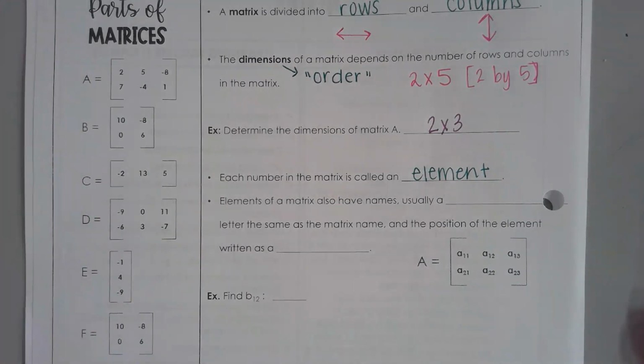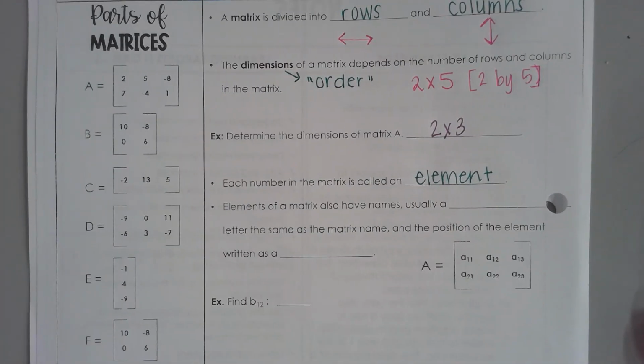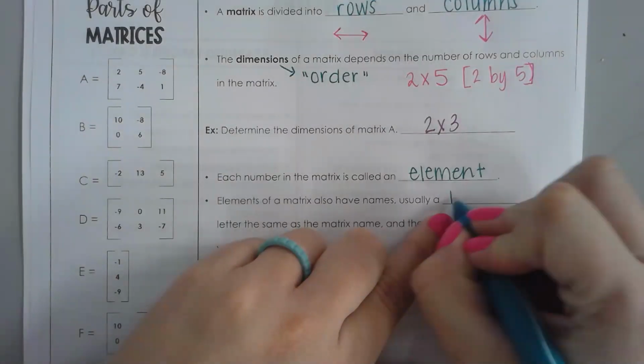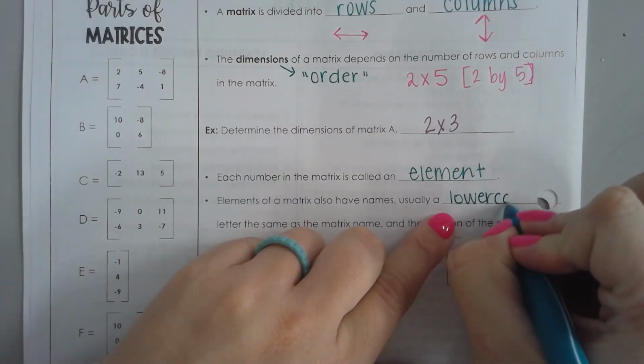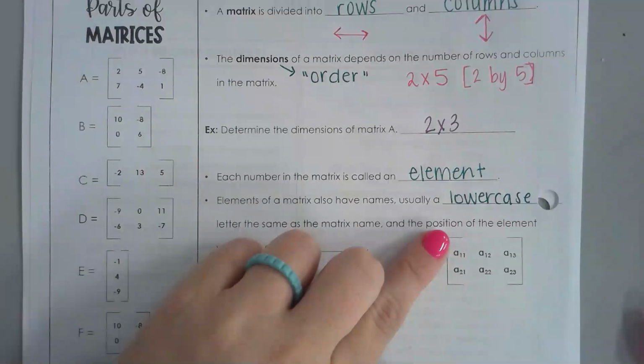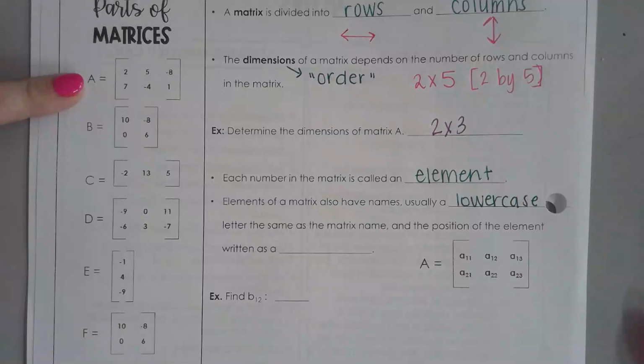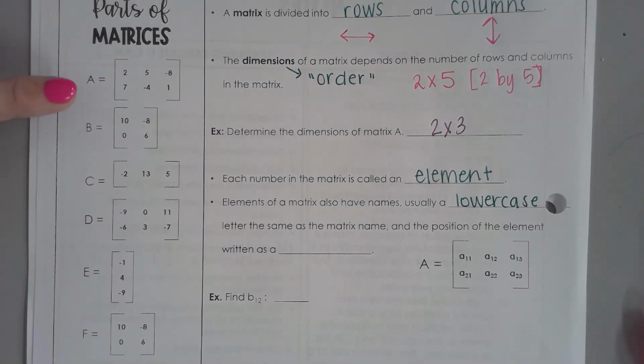Elements have a specific name, so that if we're looking at a huge matrix I could pinpoint one of those elements and you know exactly which one I'm talking about without me actually having to point to it. Those names usually come from a lowercase letter that matches the matrix name, an uppercase letter.